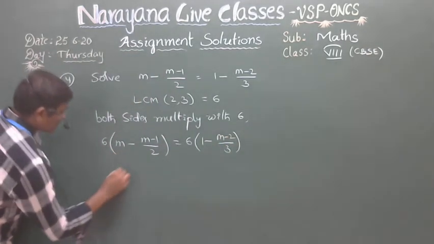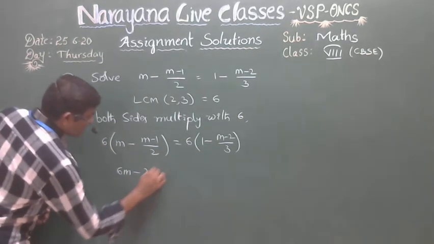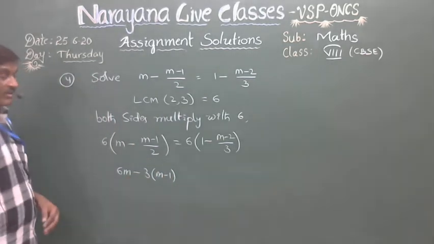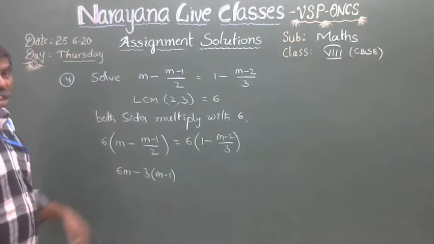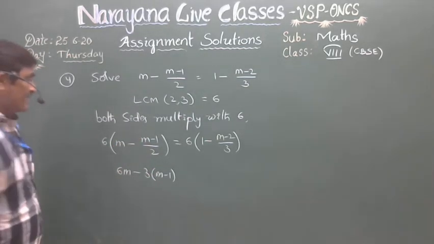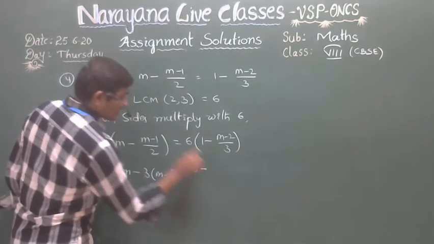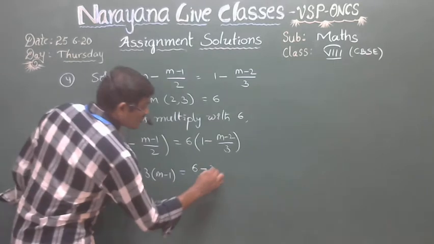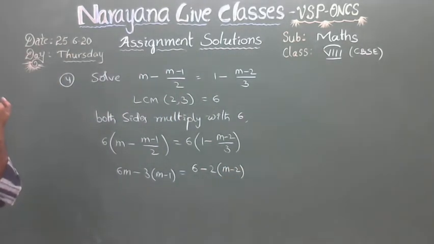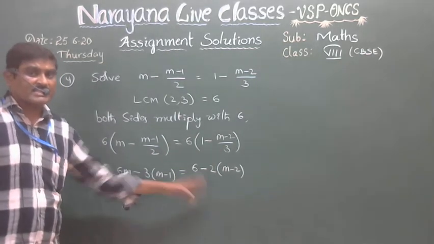Now 6 divided by 2, 2 threes are 6, so 3 into (m minus 1) we get. Equal to 6 into 1, 6, minus 3 twos are 6, so 2 into (m minus 2). So when both the terms are multiplied with 6, we will get this.